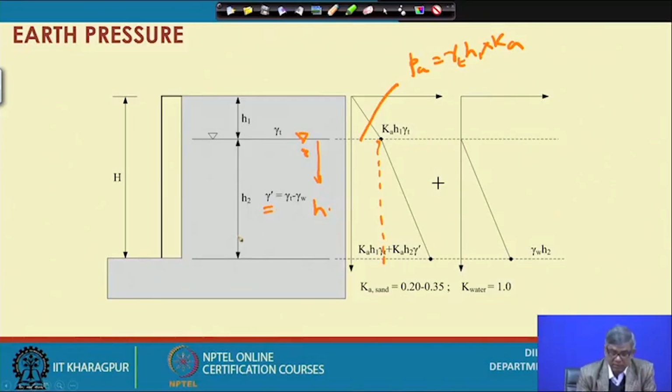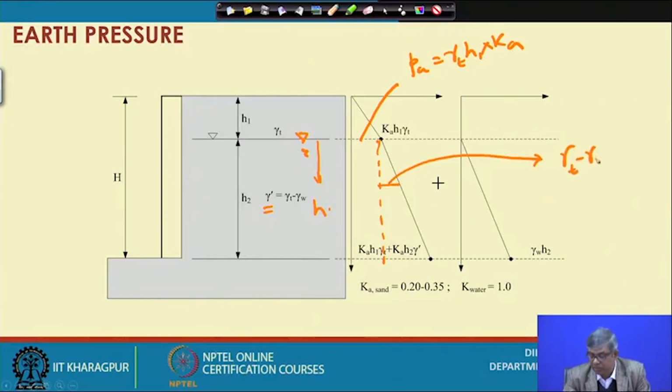If the saturated unit weight for this soil is suppose gamma T, then your submerged or effective unit weight will be gamma T minus gamma W. So, from here, suppose I want to find out this point, this will be equal to gamma T minus gamma W multiplied by H.